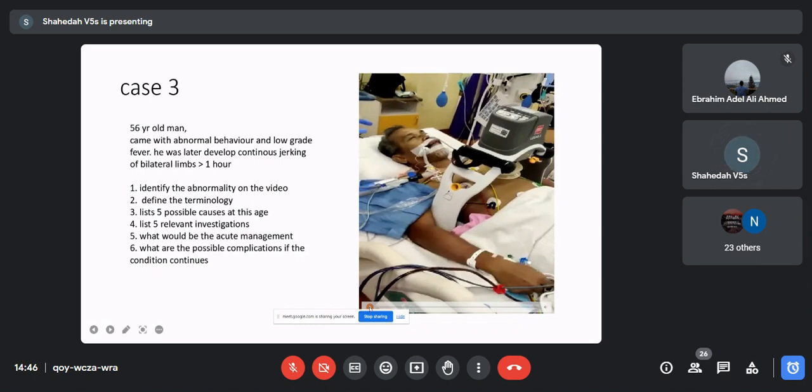Then you can answer autoimmune encephalitis, like LGI1 encephalitis in this age. Then you can answer metabolic causes like hypoglycemia. Maybe he had fever and did not eat, then developed hypoglycemia with status epilepticus. Then check for low sugar. Electrolyte imbalance is also possible. What else?